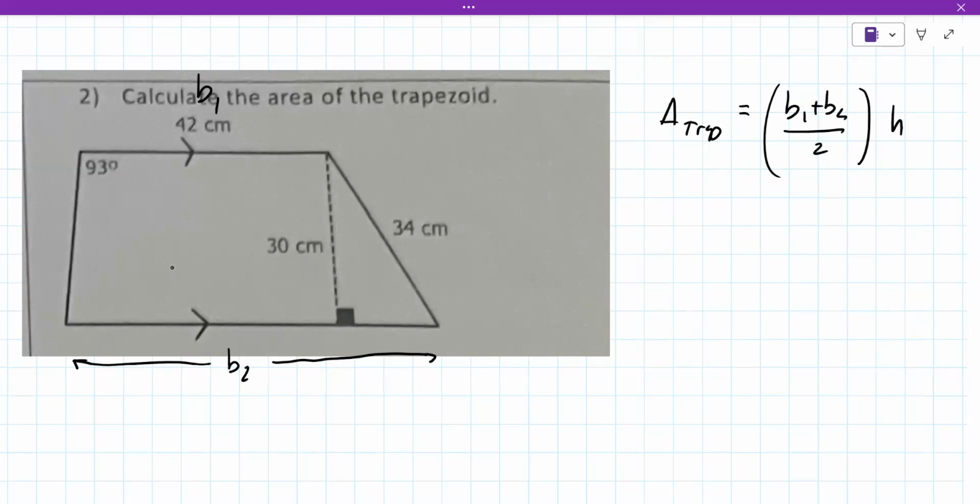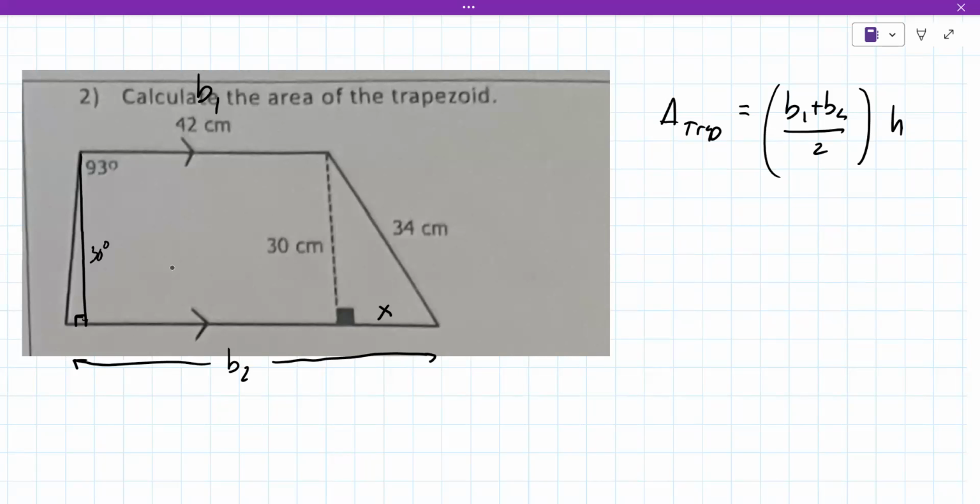But you have to find a couple things. You have to find, I'll call this X, from the right triangle. And then you also need to drop an altitude here.